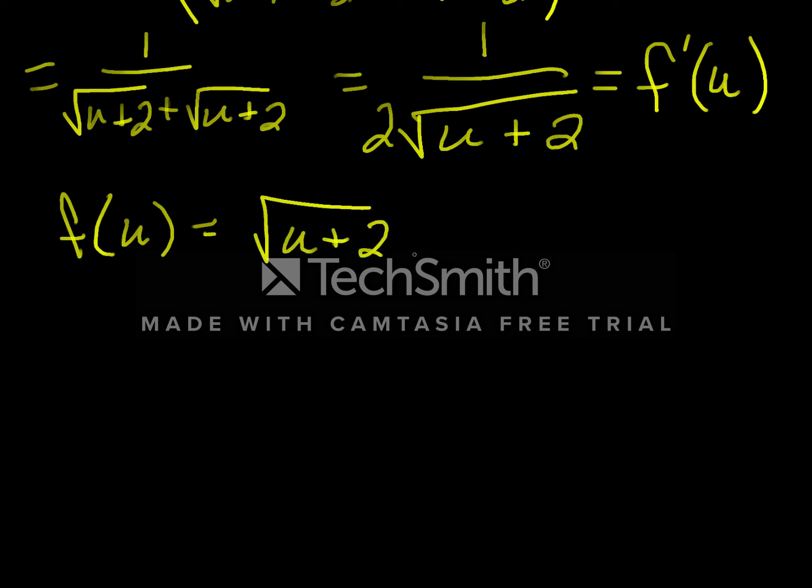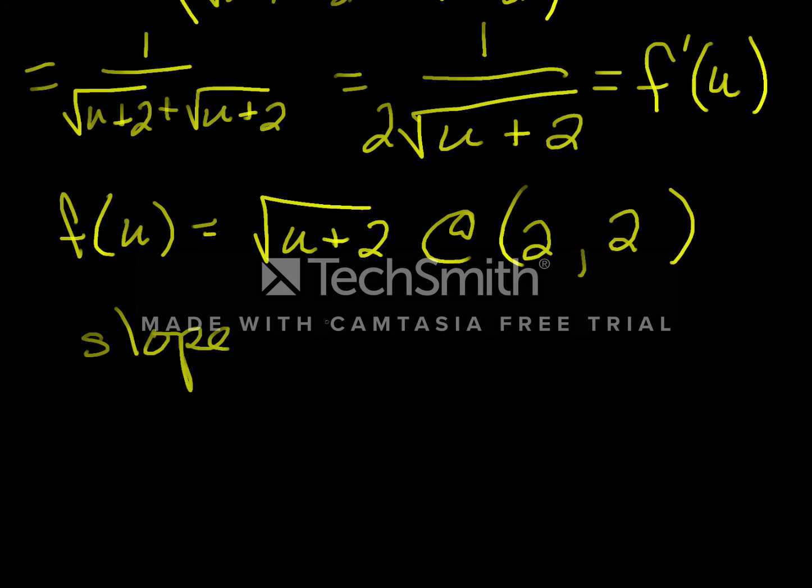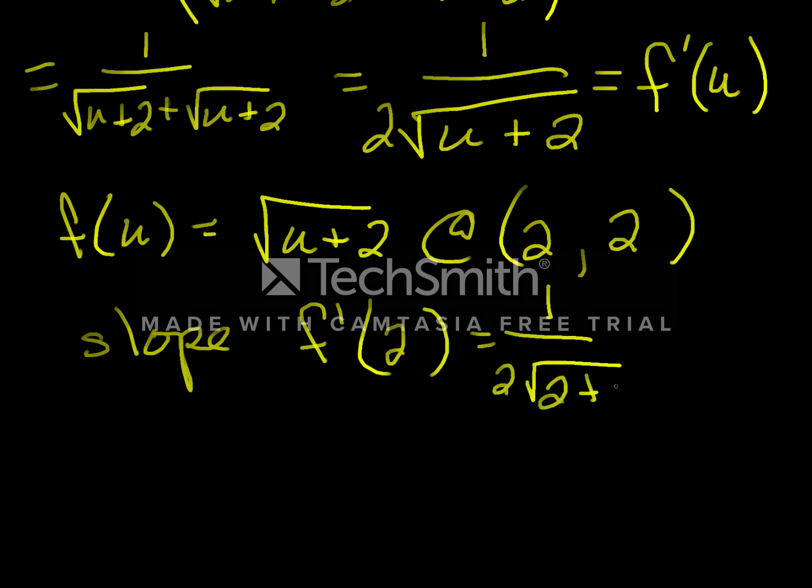So take anything in our domain, maybe the point 2. The slope is given by f prime of 2, which is 1 over 2 times the square root of 2 plus 2, which would be 1/4. At this particular point, we didn't have to go through all the work again because we did it abstractly. And so now we can figure out the slope at any point.